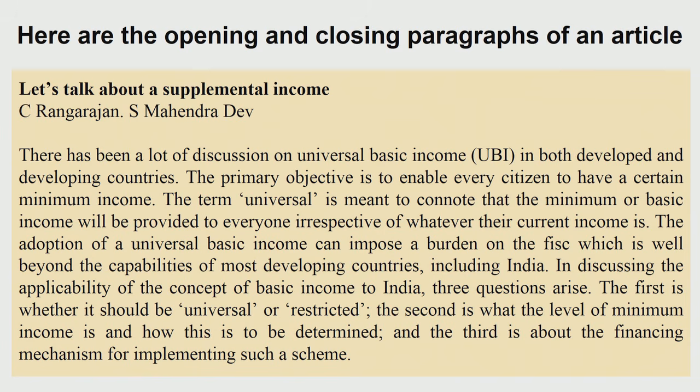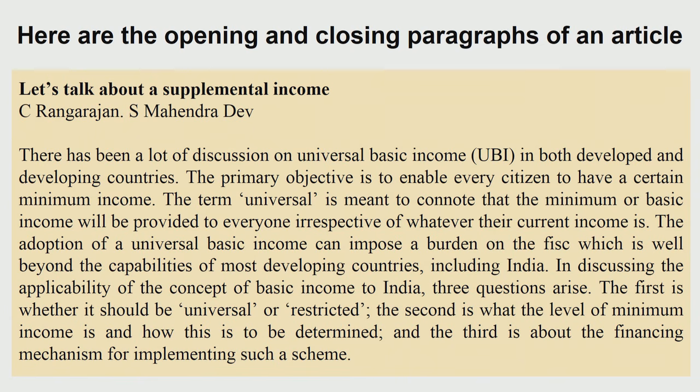Now, what am I asking you to do? Look at the opening and closing paragraphs of an article. Let's talk about a supplemental income. Look at the slide here. There has been a lot of discussion on universal basic income, UBI, in both developed and developing countries. The primary objective is to enable every citizen to have a certain minimum income.